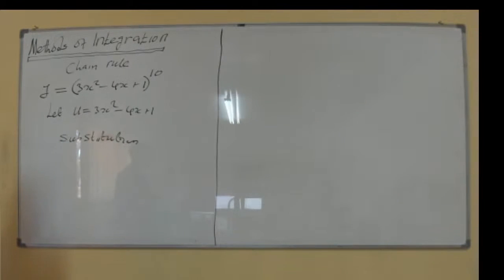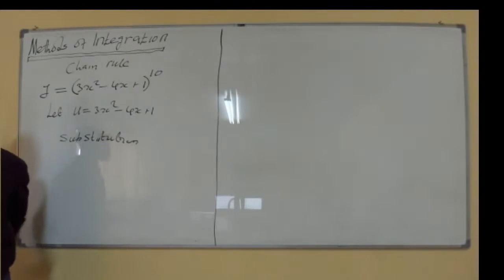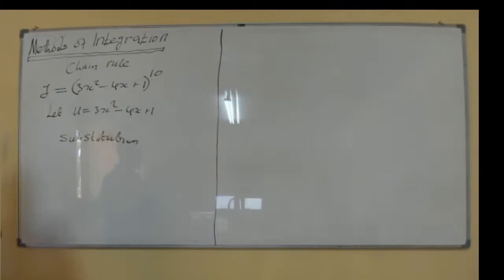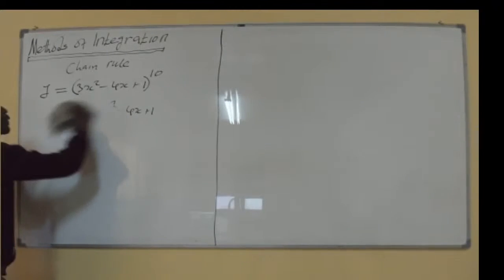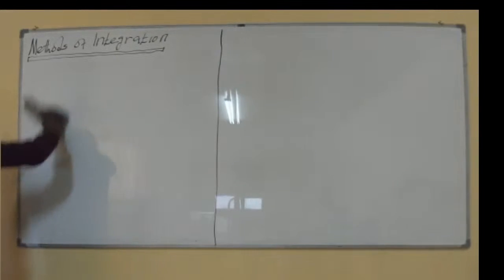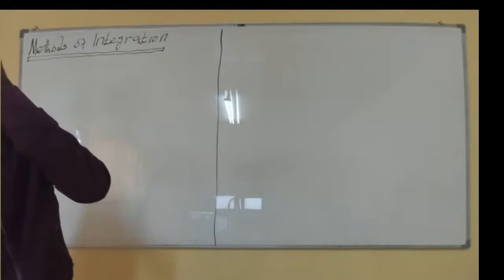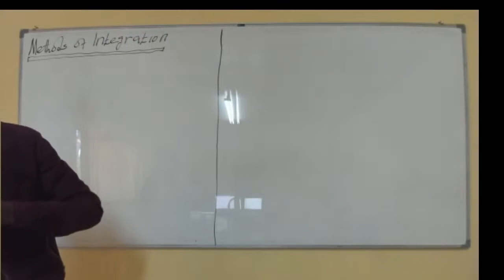And the product rule for differentiation corresponds to integration by parts. So these are the two methods which correspond to those involving the differentiation methods. Okay, now the first method of integration that you're going to employ is the substitution method.